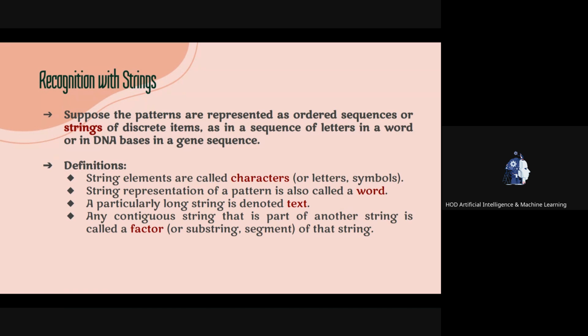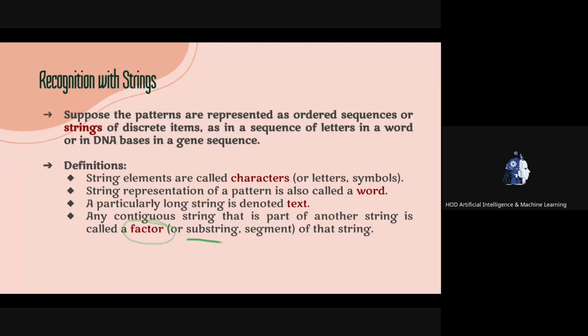A particularly long string is denoted a text. Maybe the text will have a collection of words. Text is a collection of words, probably I would say a statement. Any continuous string that is part of another string is called a factor.